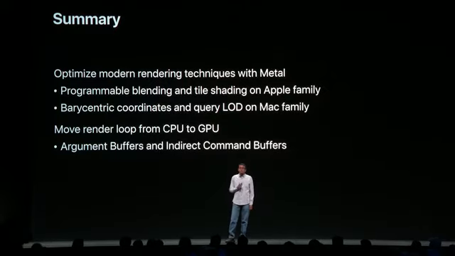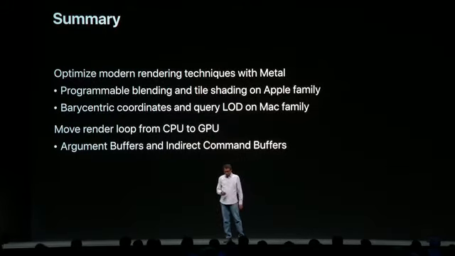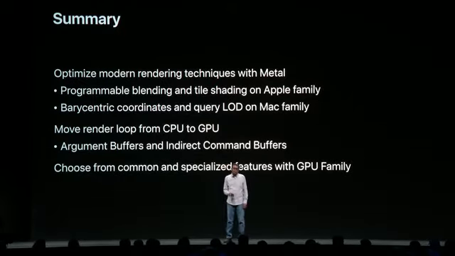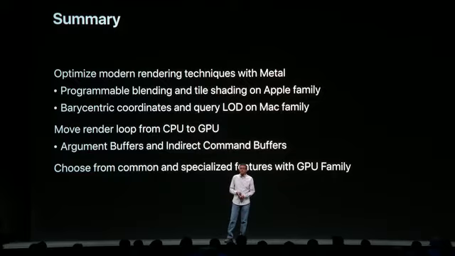And now you can also encode compute dispatches into indirect command buffers on the GPU. Whether you want to target a wide range of hardware on both iOS and macOS, or only want to use a few advanced Metal features, you can now use the newly redesigned GPU Family API to check for feature availability at runtime.